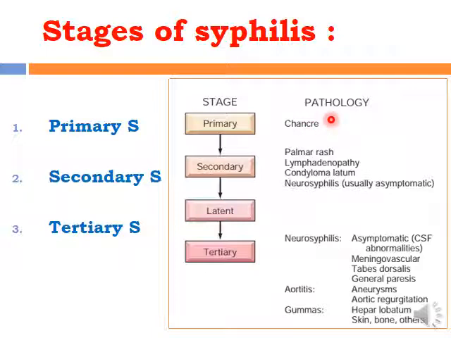The microorganisms penetrate the mucosa or the skin and start proliferation at the site of entry, producing an elevated lesion called a chancre, which is characteristic of the primary disease.